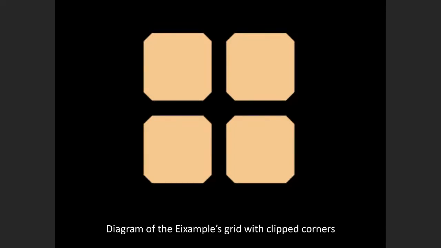Now, the unusual thing about the Eixample, though, is that it's a grid plan, but the corners are clipped. So rather than having pure squares or pure rectangles, he creates these little clipped corners. The black is the street grid, and then the cream color are the building blocks.